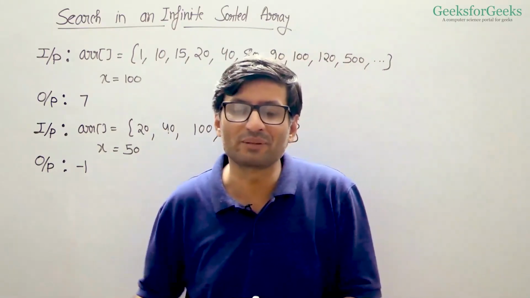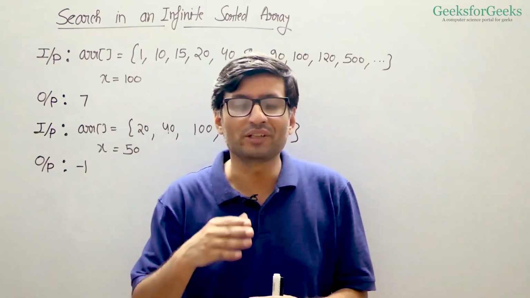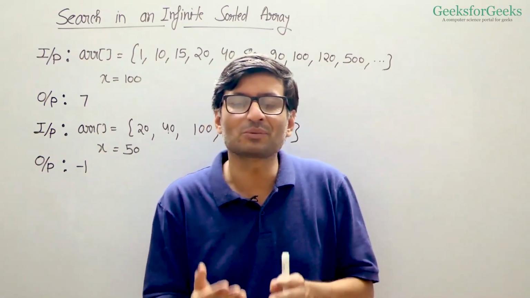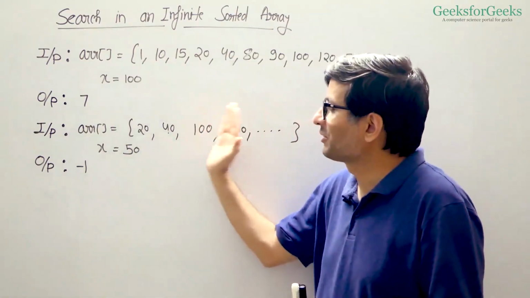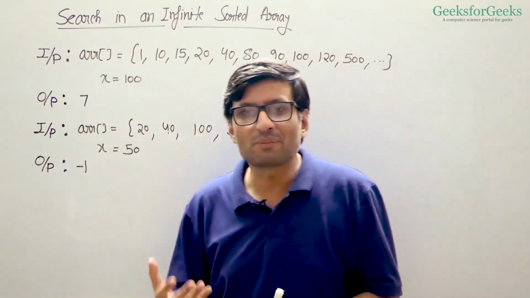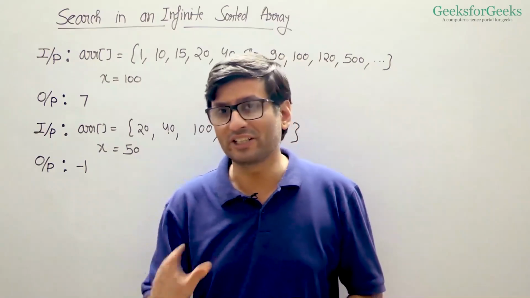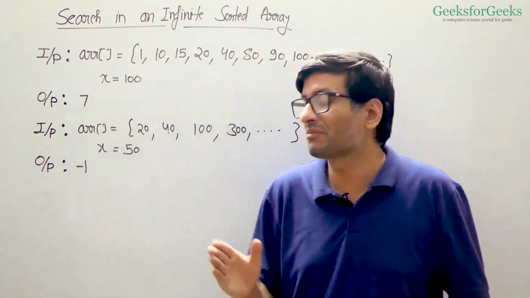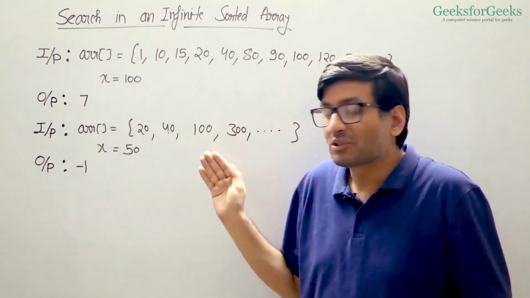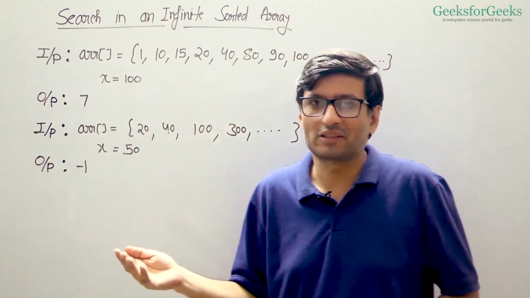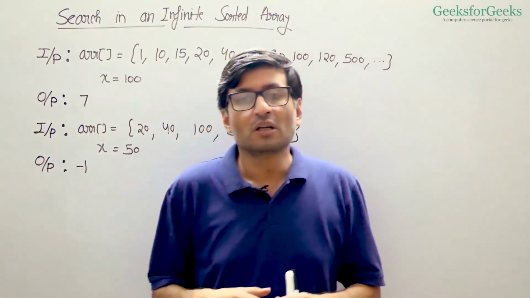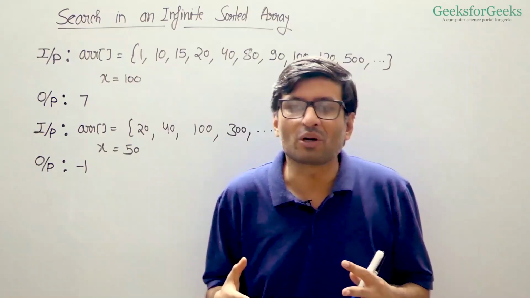We put millions of elements in the array and we give you search inputs which are close to the left side. So if you write a program which is taking time in terms of millions, you will get TLE, right? If you write a program which is taking time in terms of position of the element, then only it would work. So these are the hints to solve the problem.